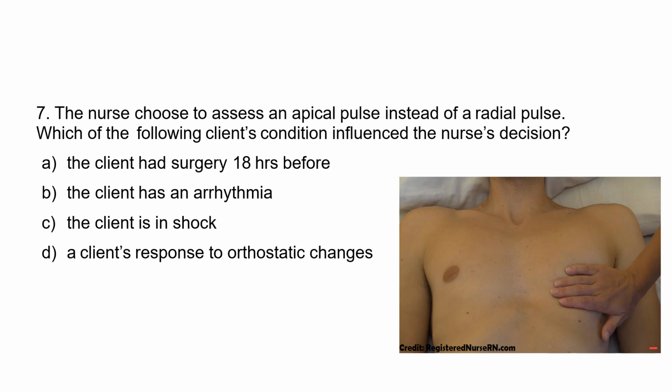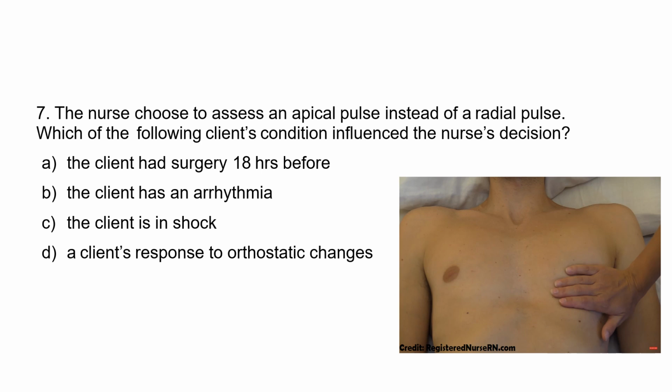In this picture, you can see the nurse is placing her hand on the chest of the patient. So where is the apical pulse felt? That is felt at the apex of the heart, in the mid-clavicular line that is drawn from the middle of the clavicle, at the fifth intercostal space.